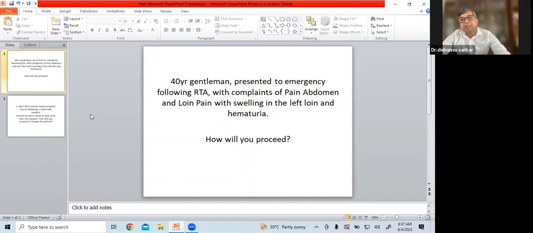So the management is operative, but not open operation. You can do minimal surgery by a PCN or a DJ stent in pelvic injury, or in peripheral vascular injuries, where you would initially open up the patient for a partial nephrectomy, you can just do angiography and selective embolization.